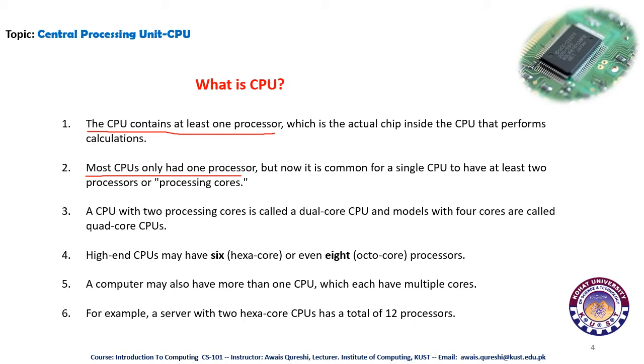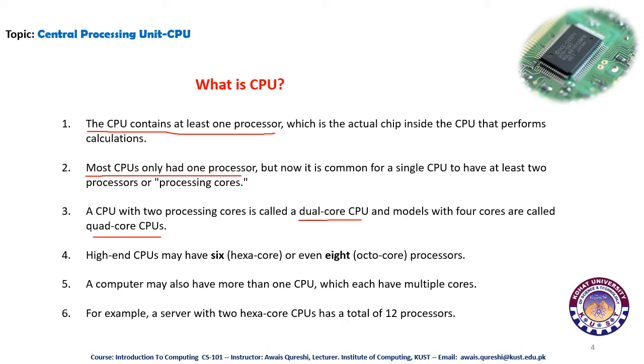So this is not true for today's processors, but now it is common for a single CPU to have at least two processors or processing cores. In the last decade, we used Core 2 Duo, Core i3 and dual core processors. Those processors have only 2 cores, but nowadays we are using Core i7 and Core i9 processors. A CPU with 2 processing cores is called a dual core CPU, and models with 4 cores are called quad core CPUs.